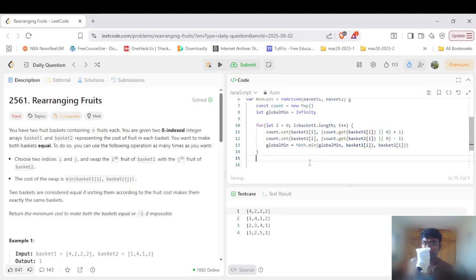Look at the way that we are calculating the global min. This would be a pointer which will give us the minimum value in both the baskets 1 and 2, right? And this will be later used to make the cost efficient swap, that is making the min cost to make both baskets equal.